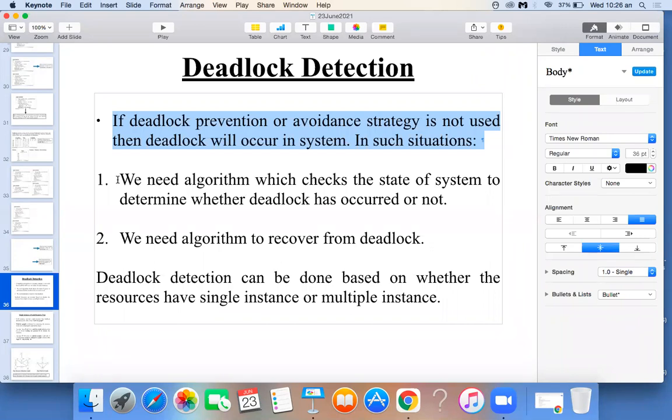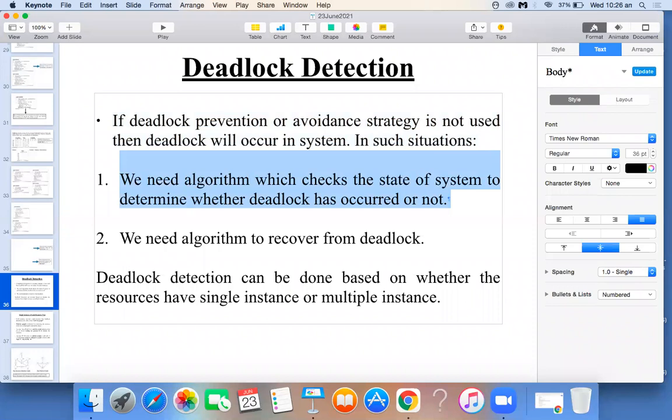Observe the first algorithm which we are going to use. This algorithm will check whether the system has entered the deadlock state or not. The second algorithm we are going to use is for recovering from the deadlock.